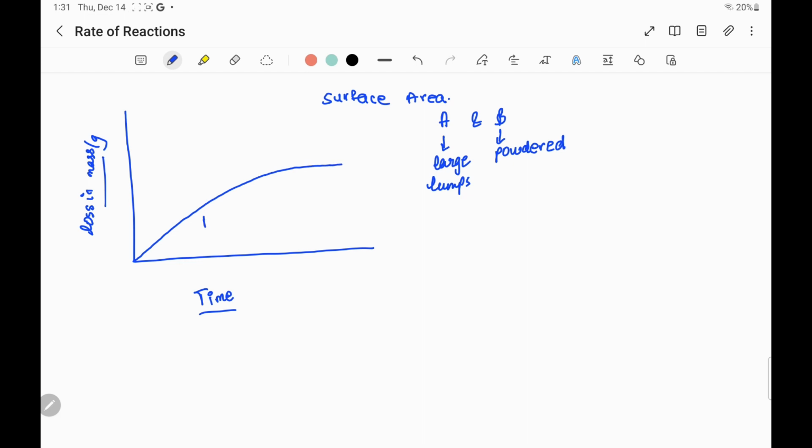This, I'm going to say, is A. And this, okay, I'm no artist, let's just not forget that, is B. Now, which one is steeper? You guys, it's obviously B that is steeper than A. The steeper the slope, the greater the rate of reaction.